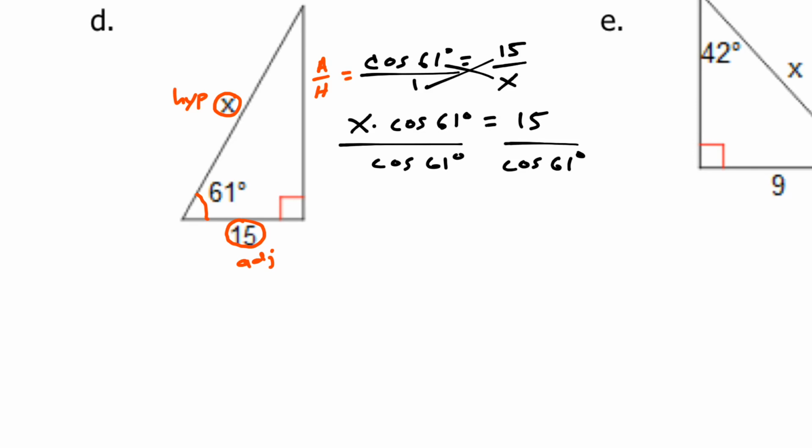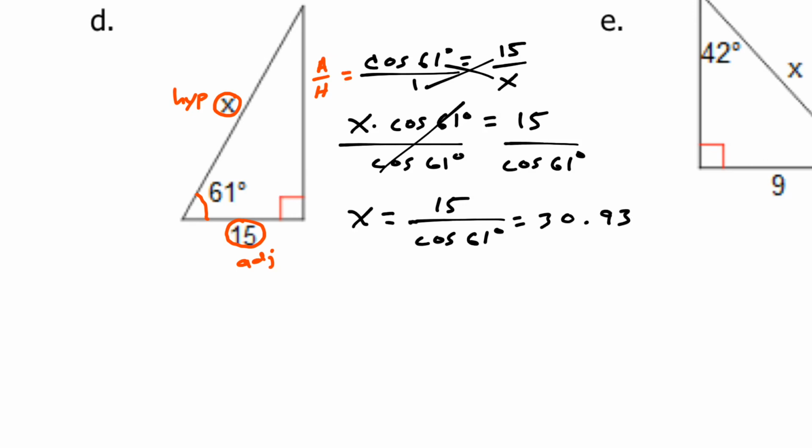These will cancel out on the left-hand side because the cosine of 61 divided by the cosine of 61, well, anything divided by itself is 1 and it cancels out. So I just get x, or 1x, is equal to 15 divided by the cosine of 61 degrees. And now I just have to type this in my calculator and I will have my answer. And I get 30.93.